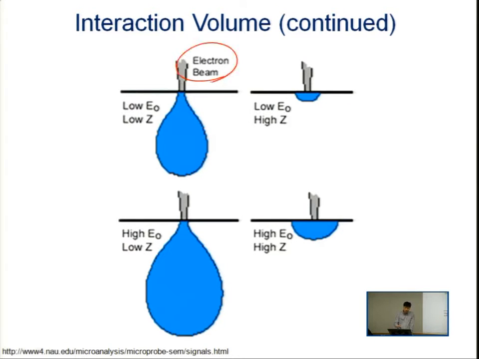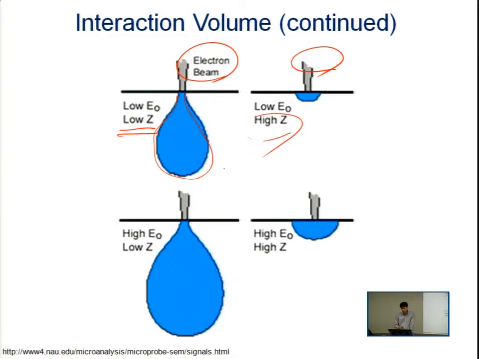With the same power of the primary electron beam, it depends on the material. For materials with a low atomic number, this interaction volume is much bigger, and as the atomic number gets bigger, the interaction volume gets smaller.